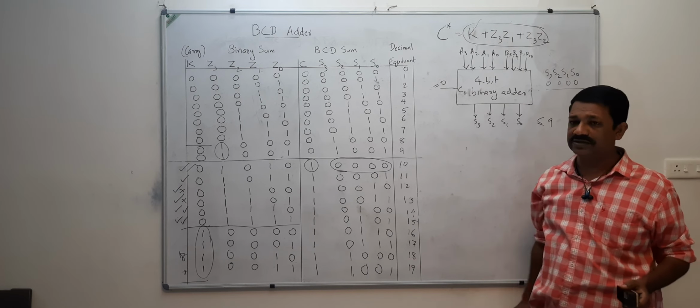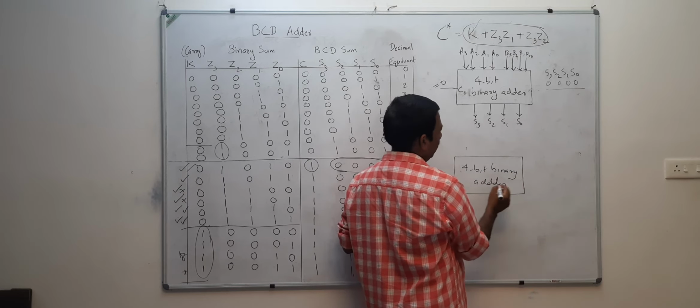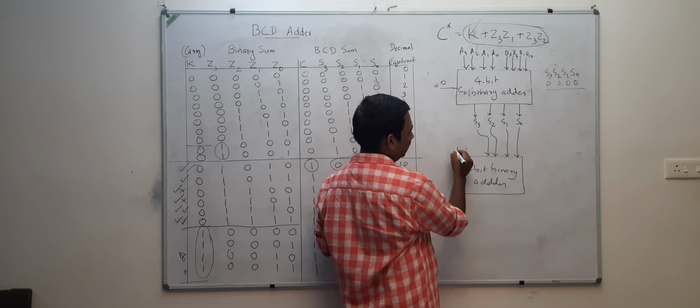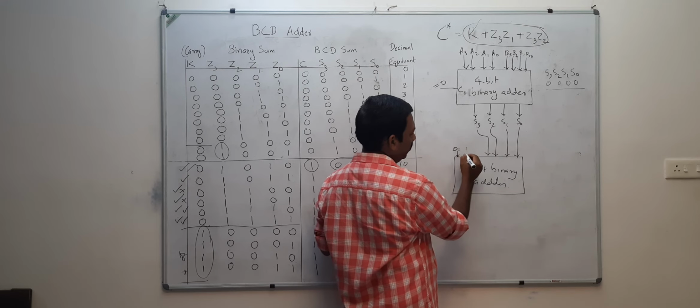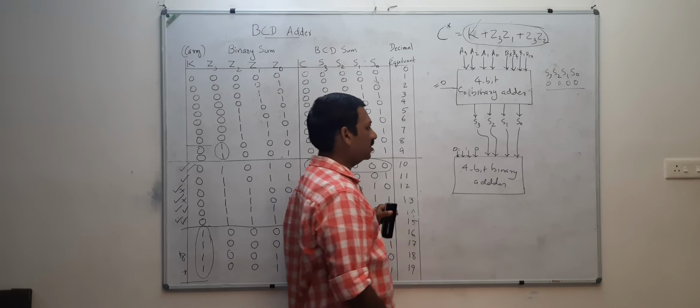So for that, what you are going to do is, here this is S3, S2, S1, S0, and again you are having an adder here. This is again a 4-bit binary adder, and here you are giving this. Now you are going to have another input which is 0. First and last bits are 0.